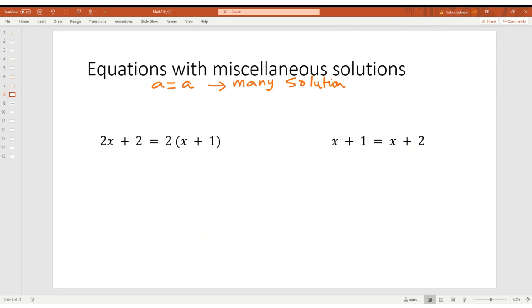So after simplifying, first case, if a equals a, then you have many solutions. If you get a equals b, which is a false statement, a cannot be equal to b, which is false. If you get a false statement, you have no solution.